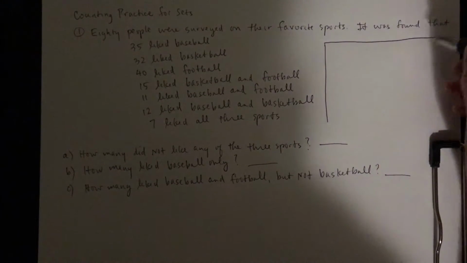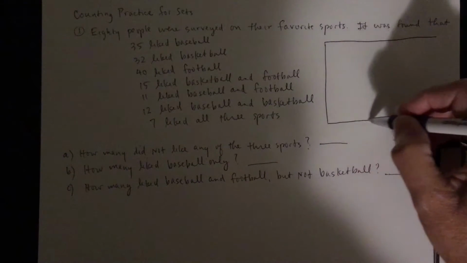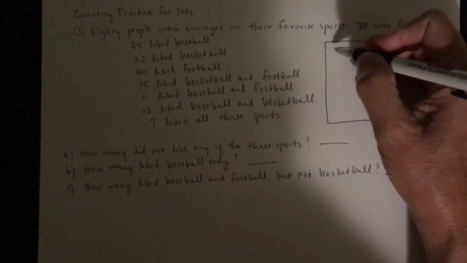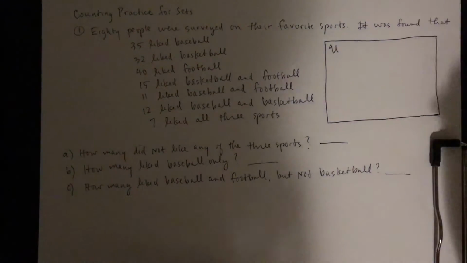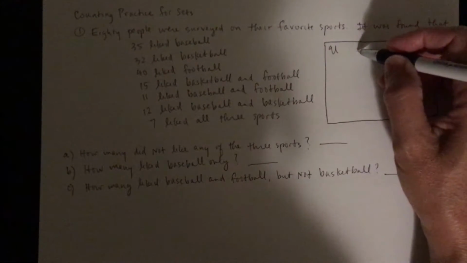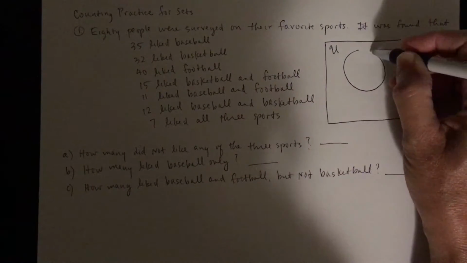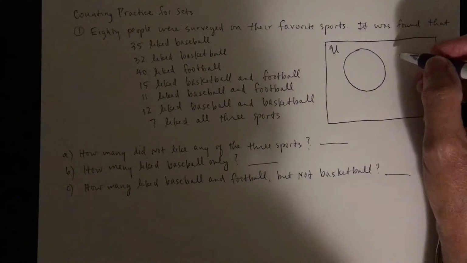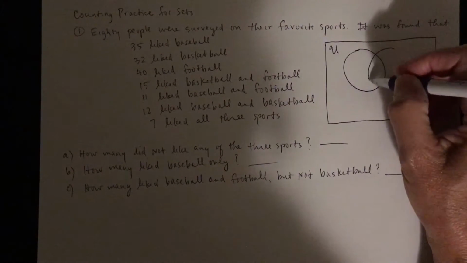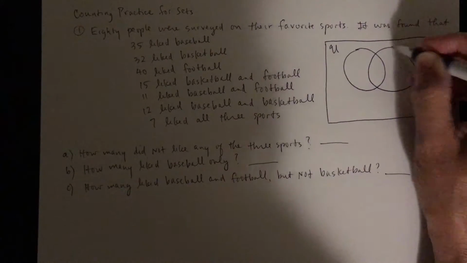So draw a rectangle to represent the universal set, and I'll put a U in the top left corner for universal set. I'll put a circle for one of the sports. We'll call that one baseball. Another circle for another sport.